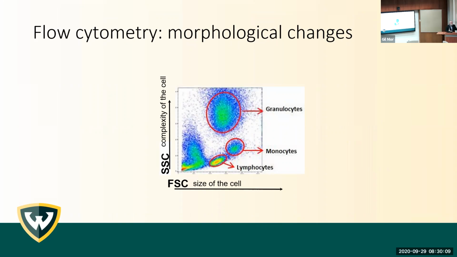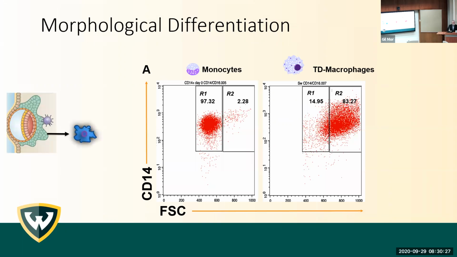This is an example of the blood that we receive. We see the three populations: lymphocytes, monocytes, and granulocytes. We isolate these monocytes using CD14 magnetic beads, and here you have the CD14 positive cells isolated from the blood, the classical monocytes.